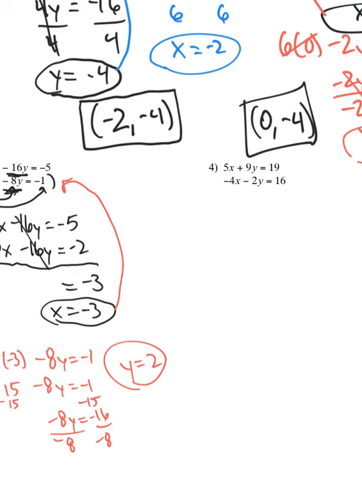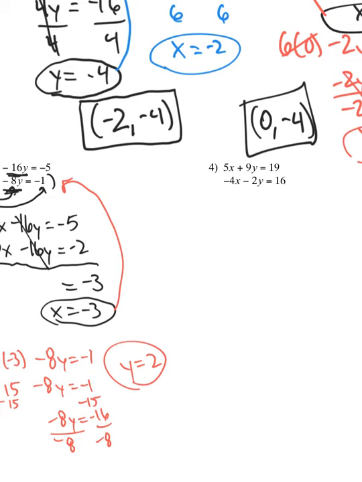One more. The most complicated is when you can't immediately make things opposite or same terms. Like this 2, I can't multiply it by something to make it 9. This 4, I can't multiply by something to make a 5.